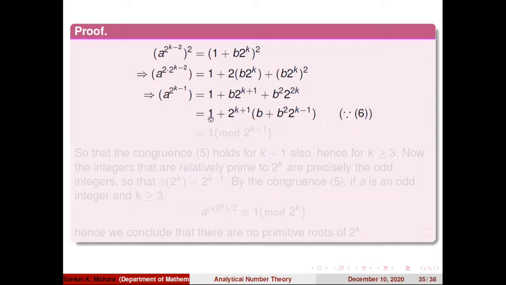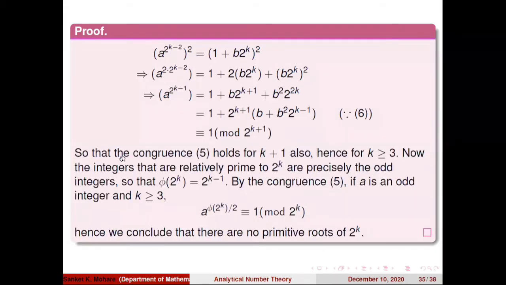So this states that a to the power 2 to the power k minus 1 is congruent to 1 modulo 2 to the power k plus 1, so that congruence 5 also holds for the value k plus 1.